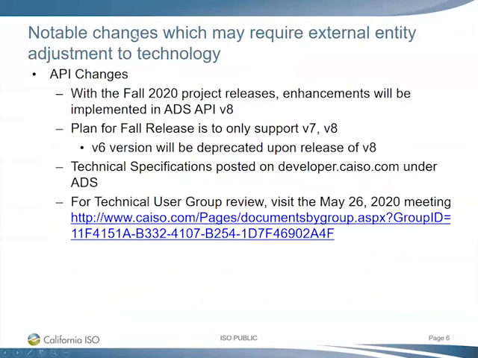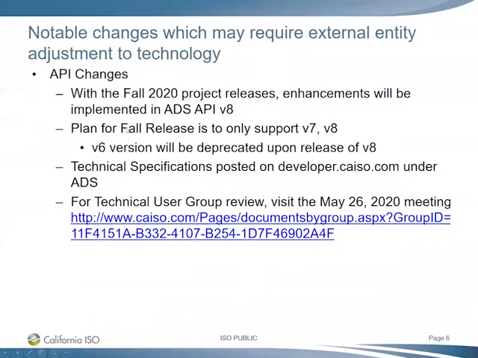Now, some notable changes in order to prepare for the ADS transition going into the new UI and the new API. So these notable changes may require your entity to look at how you're operating today and what you might need to change. So from the API change standpoint, that'll be coming with the fall 2020 project releases, and the enhancements will be implemented in the version 8.